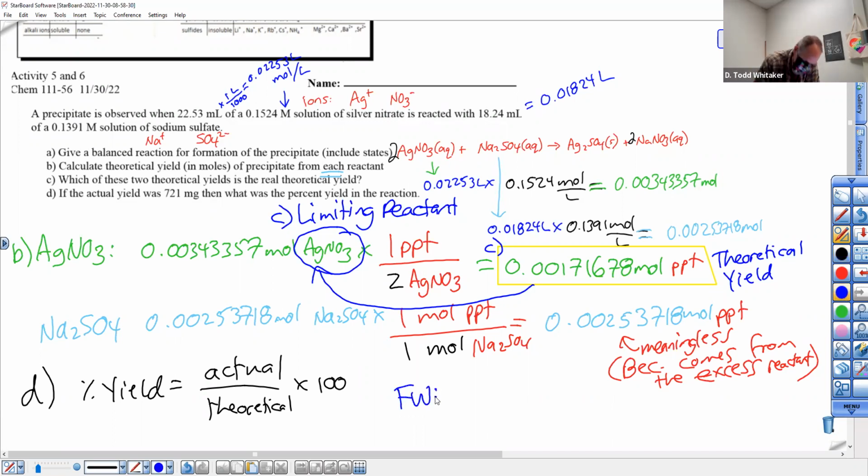The only FW you need in one of these solution questions. You don't have to do formula weights early on because we got moles in the solution already. So formula weight, we got two silvers, 2 times 107.9. Did I get that number correctly from the periodic table? My memory isn't quite what it used to be. And we also have sulfur 32.07, is that correct?